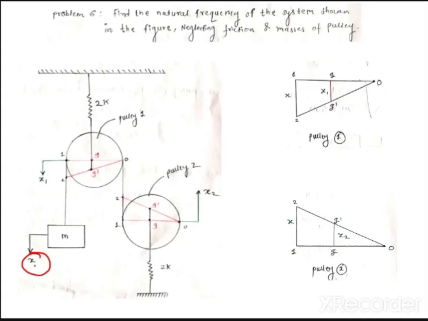Now here we have three: x, x1, and x2. So I got the relation x is equal to 2x1 plus 2x2. If you give a small displacement x to the mass m, it will be equal to twice the displacement of pulley center 1 plus twice the displacement of pulley center 2. That is how I got this relation.